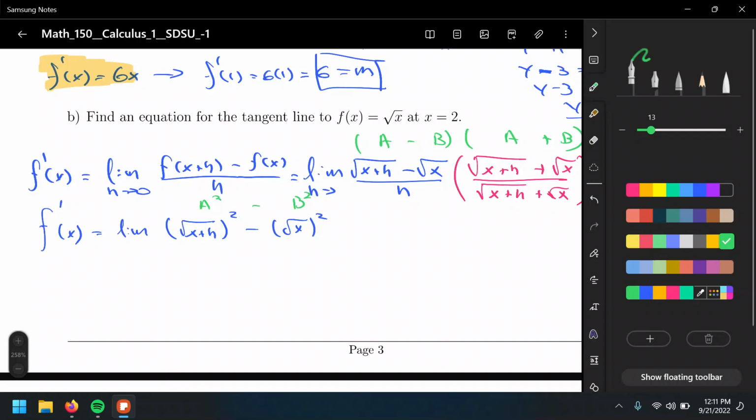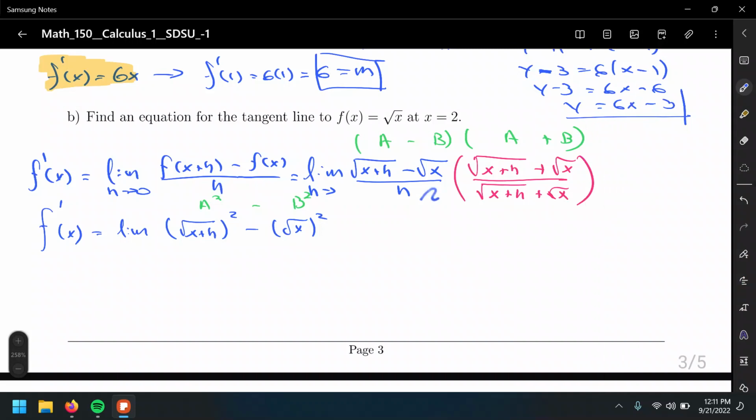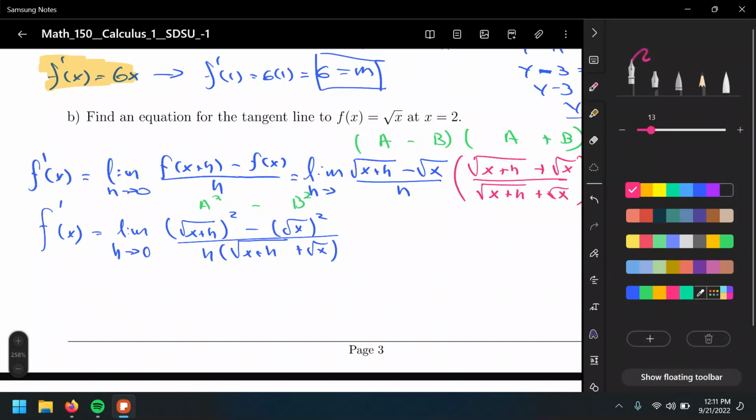But we're doing the difference of squares backwards in this case, right? And the whole thing, let's divide that by, just multiply this across, h times square root of x plus h plus root of x. And I know what you might be thinking over here. You might be thinking that it would be a good idea to distribute the h, right?